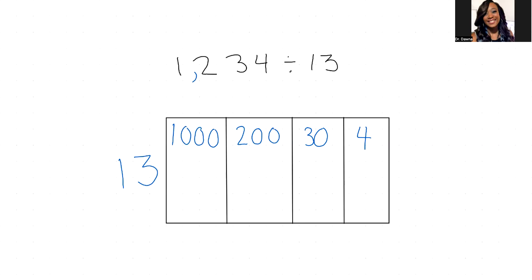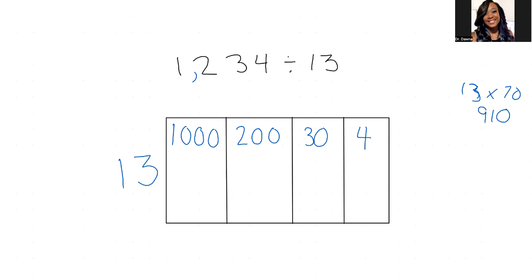So we know it's going to be a really big number. Now, I already know that number, so I'm going to save us the time. I know that 13 times 70 is going to give me 910.